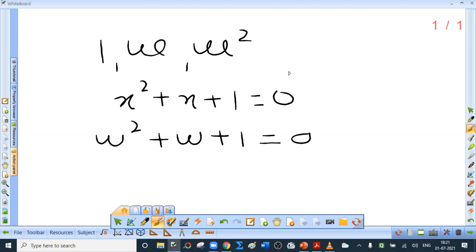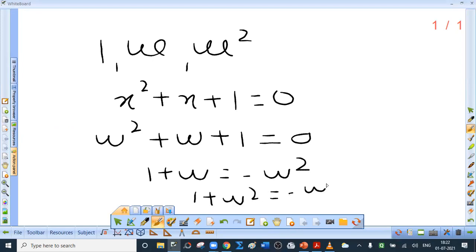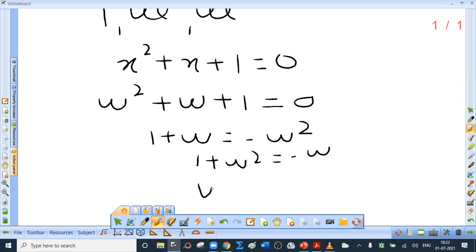Rearrange the terms. Then 1 plus omega is minus omega square. What will be 1 plus omega square? 1 plus omega square will be minus omega, and omega plus omega square is nothing but minus 1.